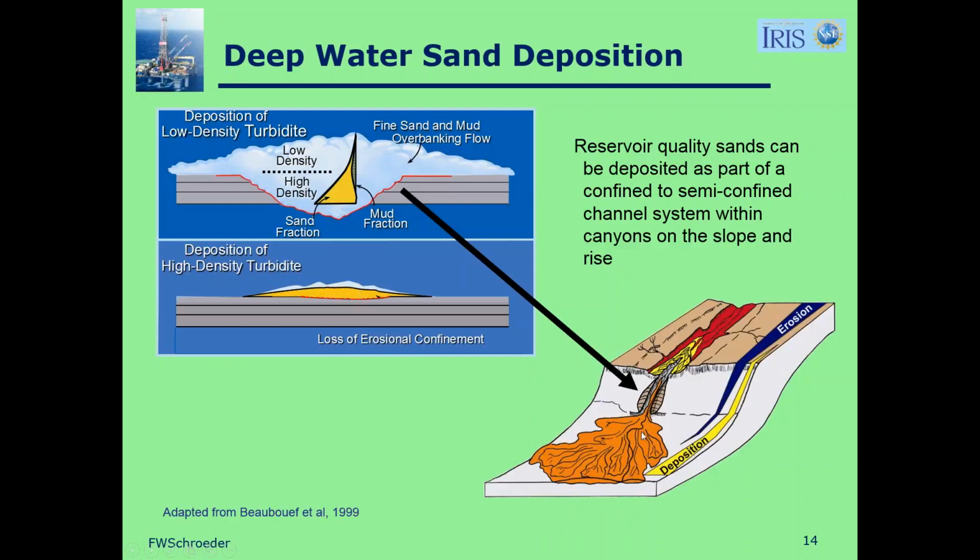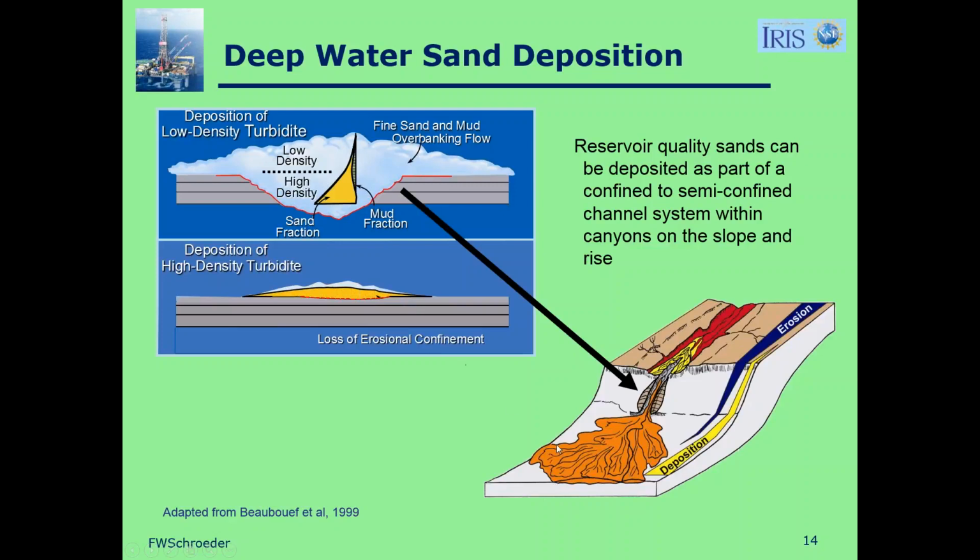Finer material may fluff over the banks. As we get into the basin, where the seafloor gradient gets very gentle, we don't have any confinement, any erosional cut. The flows are going across the basin floor, and again, the coarser material will drop out closer to some of these distributary channels.